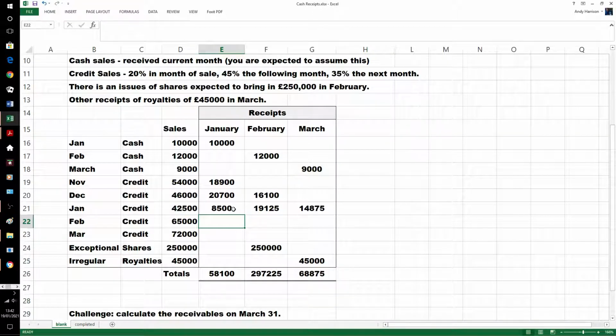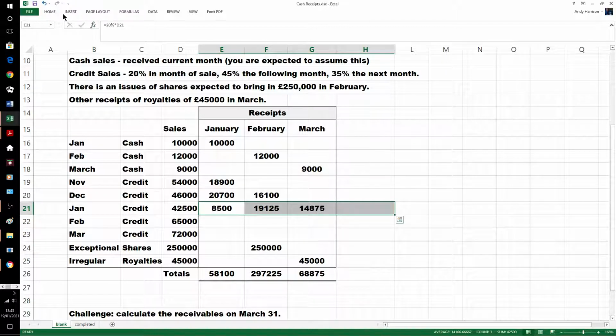And that's all of the money. And just to prove it quickly, it's the whole lot.